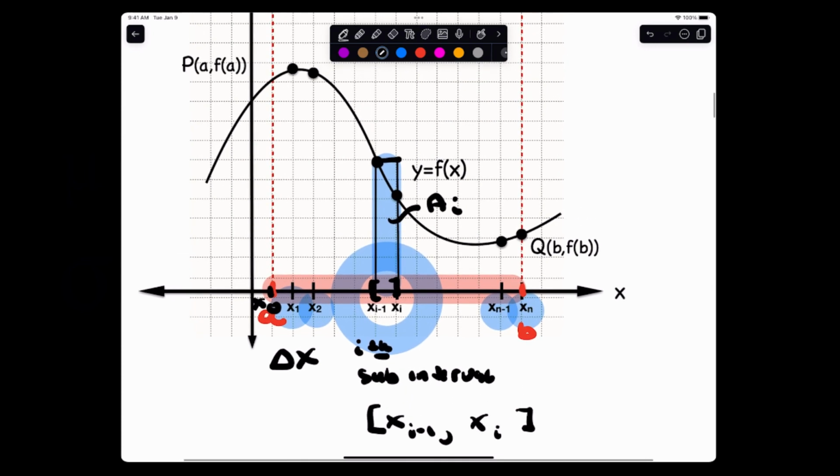And you have more rectangles here. Okay, this is like the first rectangle. Starts with x naught to maybe x1, if we can draw this right. And then we have another rectangle right in here.